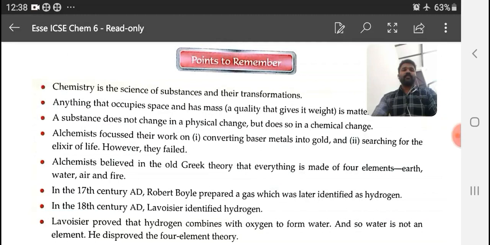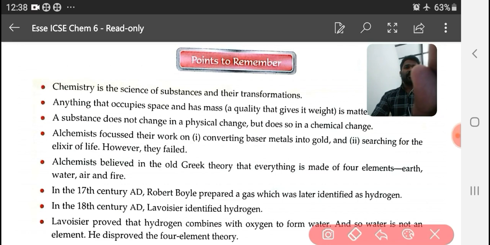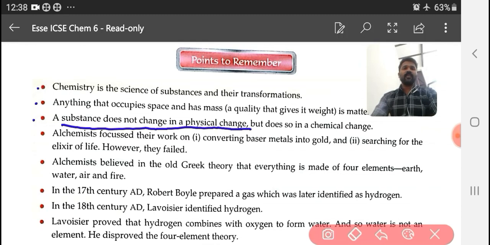Please mark the third point. A substance does not change in a physical change, but does so in a chemical change.